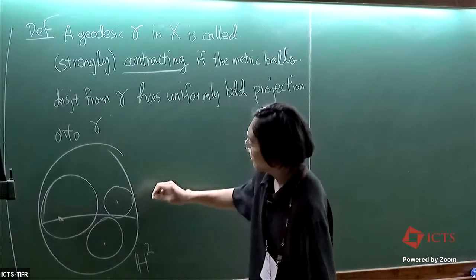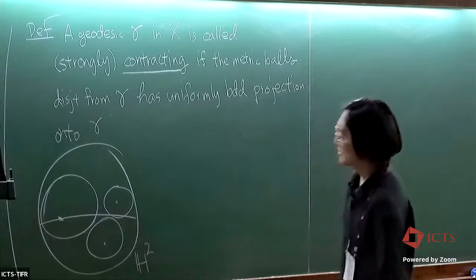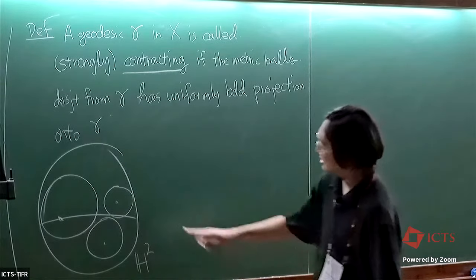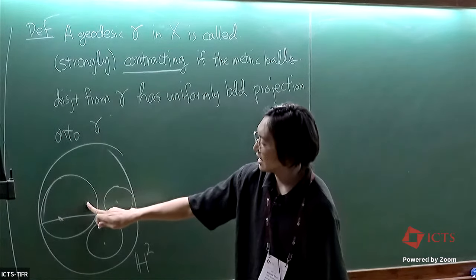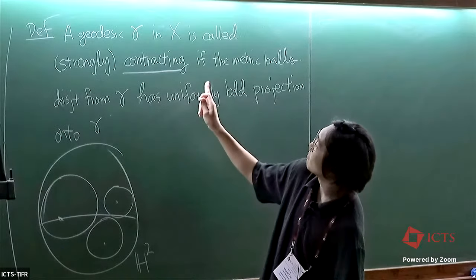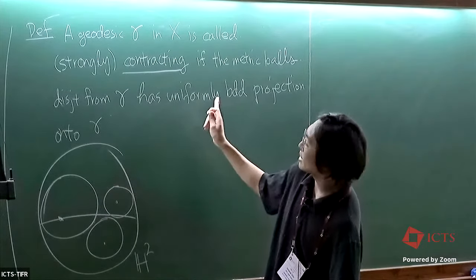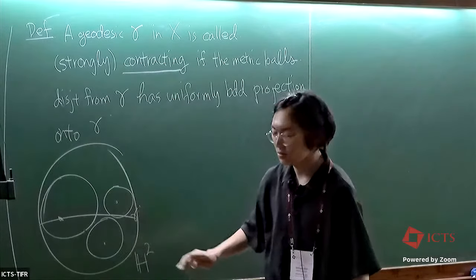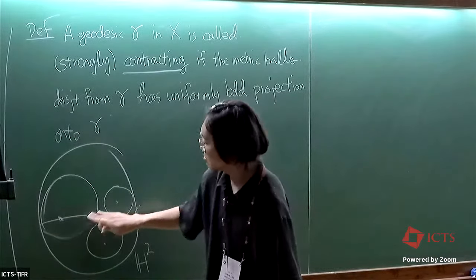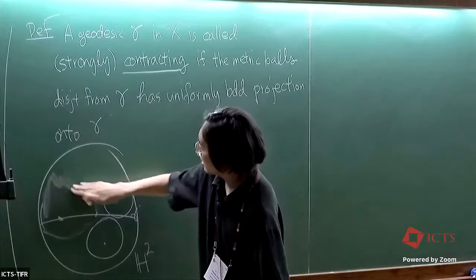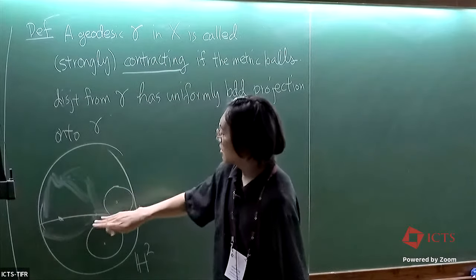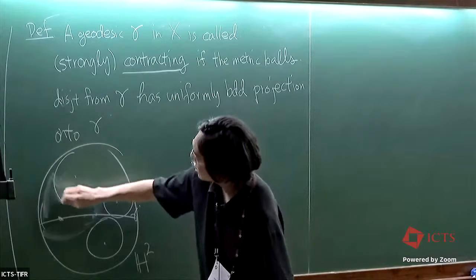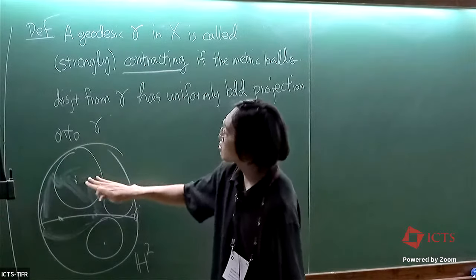Among these, this and this are not qualifying for my definition because they are not disjoint from gamma, so don't bring these. These are irrelevant. What I care about are metric balls, something like this. You can draw it arbitrarily large.